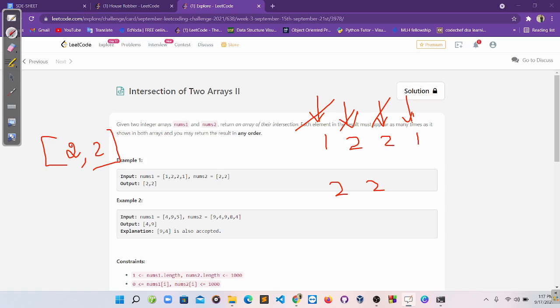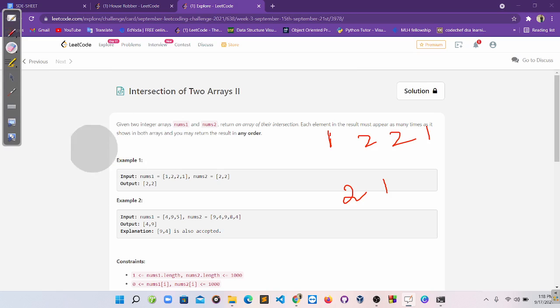But this approach does not work for every case. Let me take another case so you can understand it well. Suppose we have a test case 1 2 2 1, and the other array has only 2 and 1. We check if 1 is present. Yes, so we store 1.